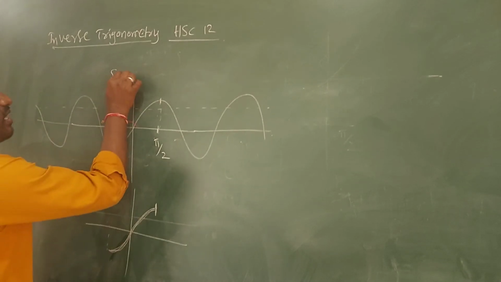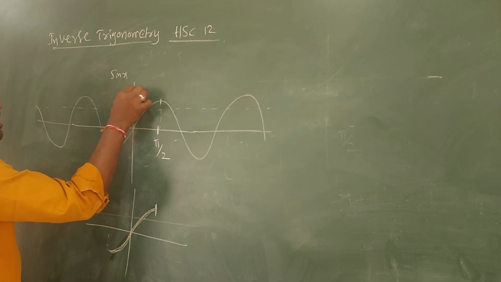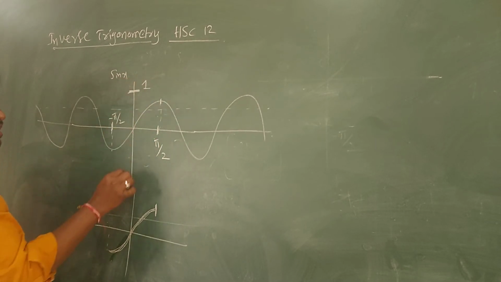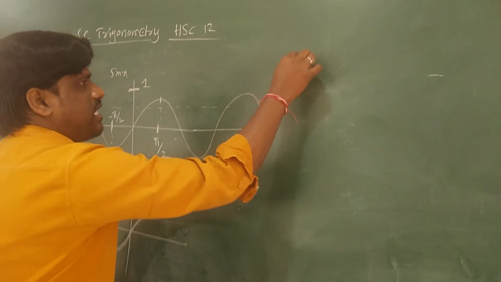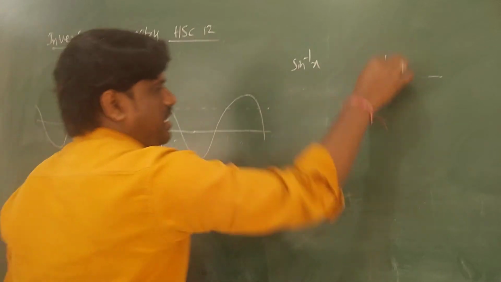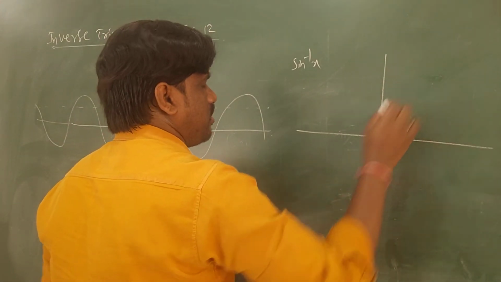So the domain of this function is minus pi by 2 to plus pi by 2. The range is minus 1 to 1. So the inverse function gives the sine inverse x graph. You get the graph like this.